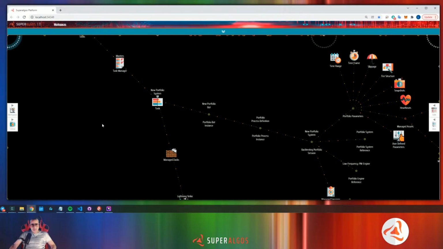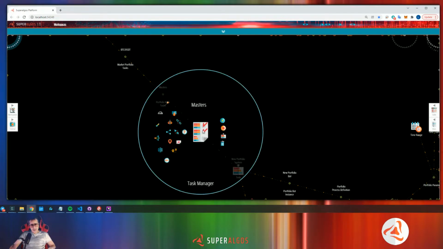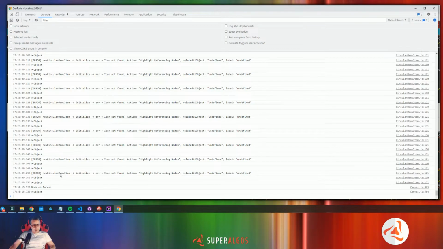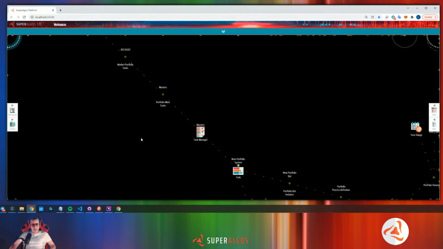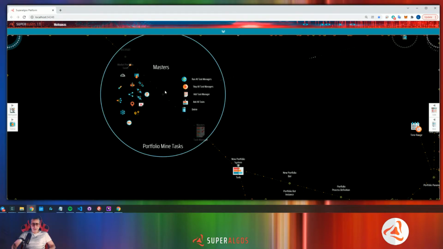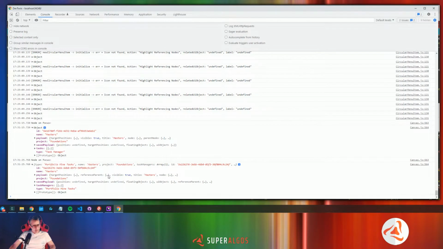What is going on? We were here and then here. This node is foundations, and this node, portfolio main tasks, is also foundations, but it shouldn't.